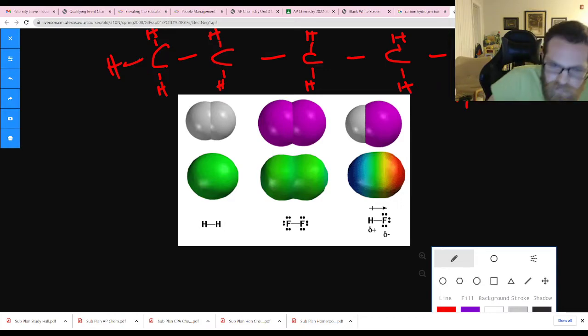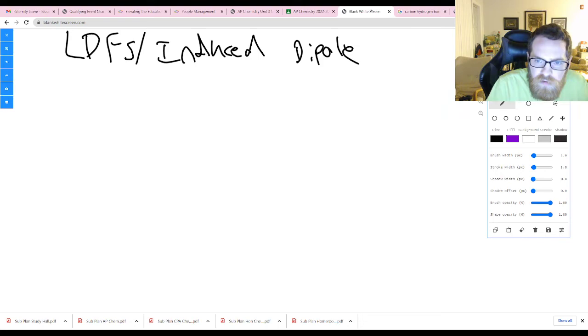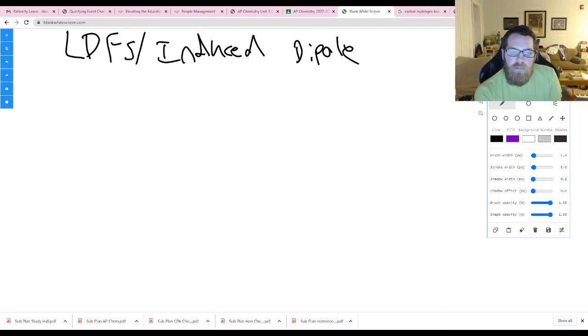It actually has the possibility of being stronger than our other intermolecular forces only if you have a really big molecule, because the larger the molecule is, the more places there are for those randomly induced dipole moments.